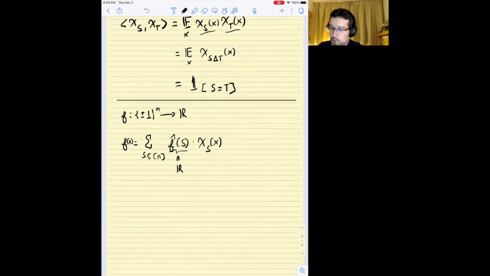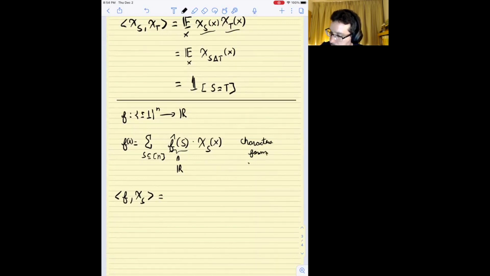And how do you compute this? That's very simple. We can take our f, and apply the inner product with this chi-s. Since the characters form an orthonormal basis, or just a basis, there is a unique way of writing this form.